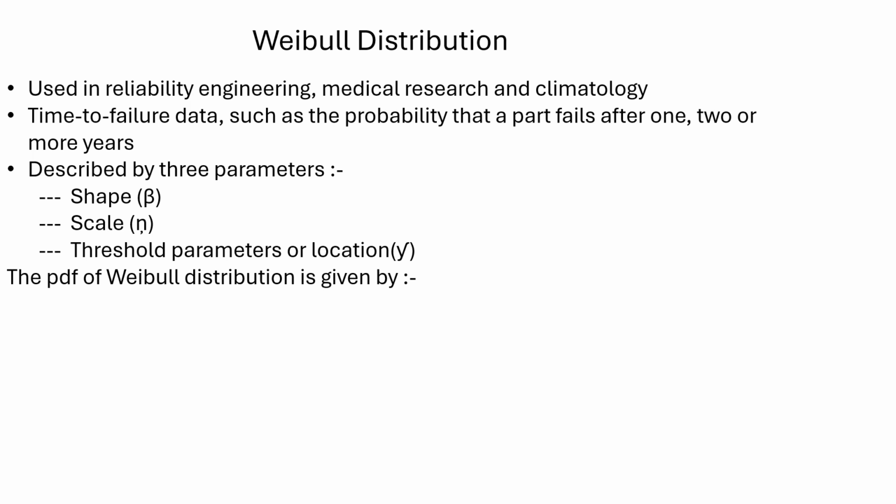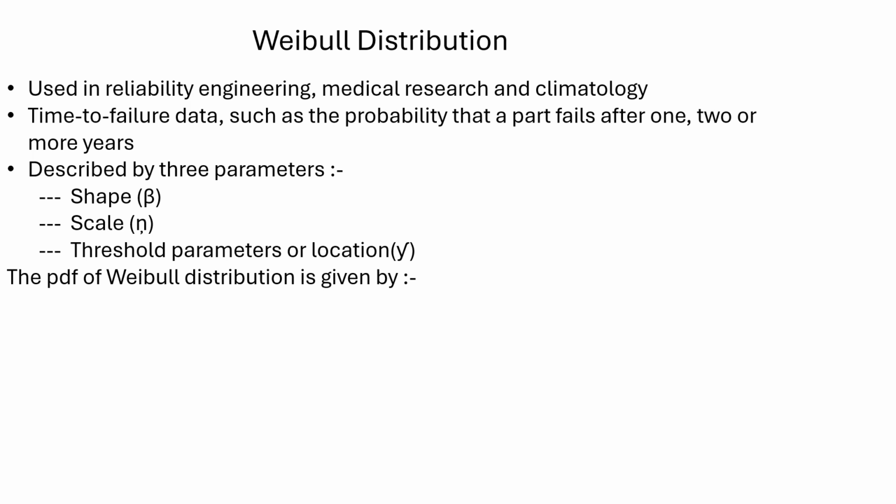The constituents of this distribution are these three parameters: the shape, which is denoted by the symbol beta, the scale, which is denoted by the symbol eta, and the threshold or location parameter, which is denoted by the symbol gamma.